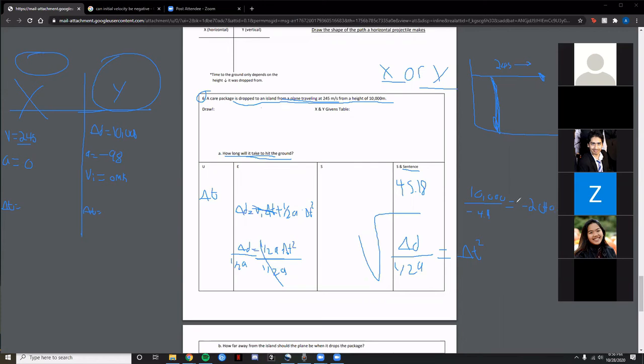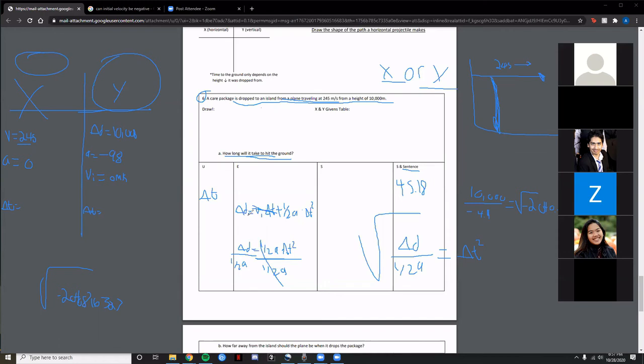And now with that, we have to square root it. You get the final answer, which is 45.18. That's how you solve it Miss Kelly's way.